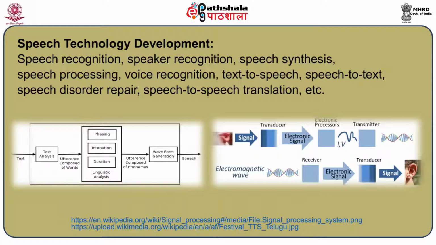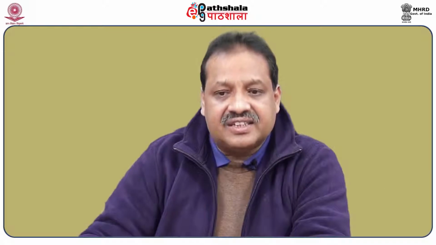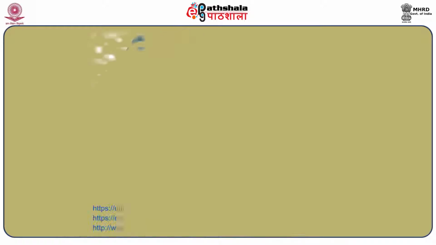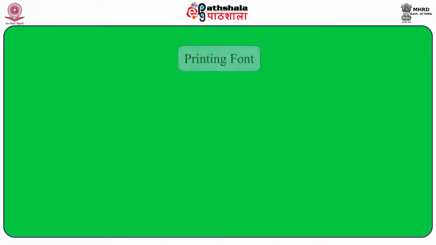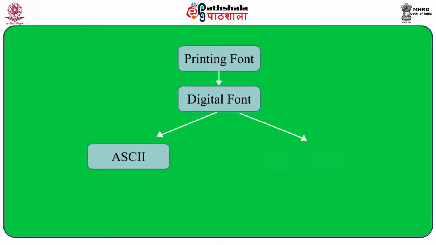Now I would go a little bit in a different way. We'll try to see, in the case of font technology, what we need to do. So far, for many of the Indian languages, we have developed ISCII to ASCII and ISCII to Unicode systems. The mechanism that is involved now is that we need a system where digitized fonts are available. What we can do, in a systematic way: first, the printing form, which is available now.